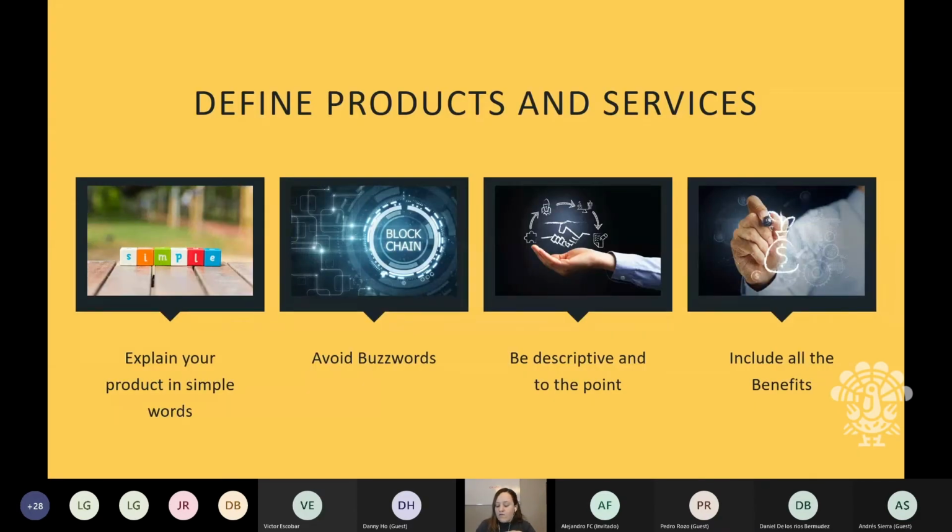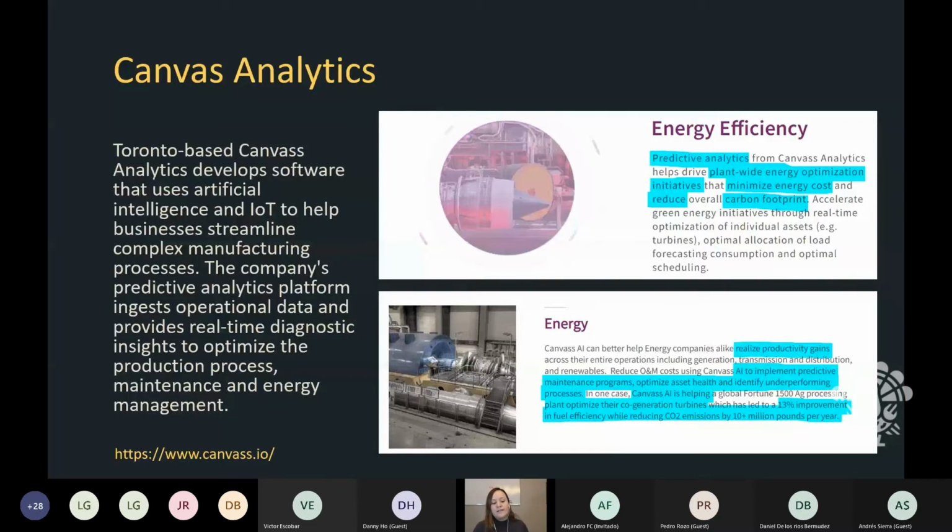So I want to bring to your attention Canvass Analytics. Canvass Analytics is a company that does artificial intelligence software in Toronto. They do different predictive analytics platforms and integrate those into different companies. And usually those companies are in oil and gas and energy, right?